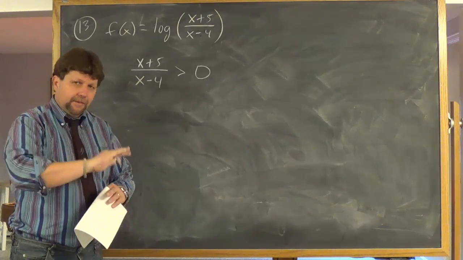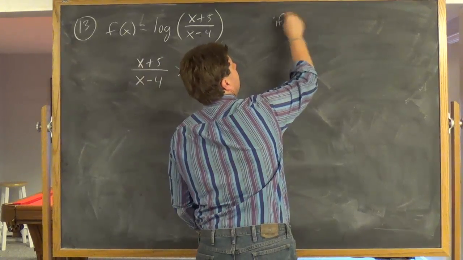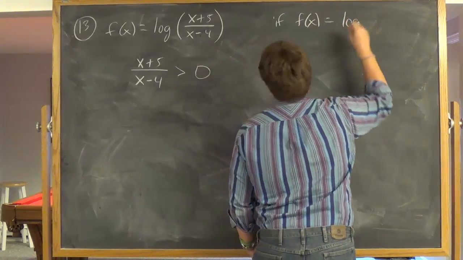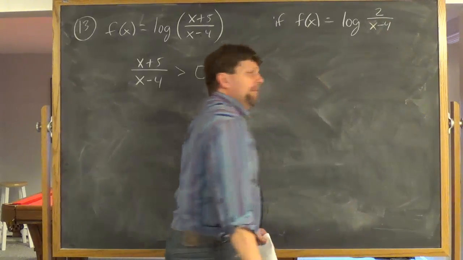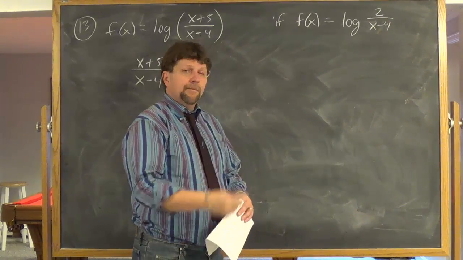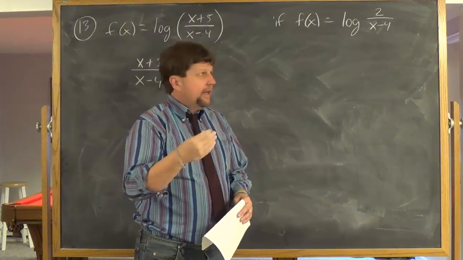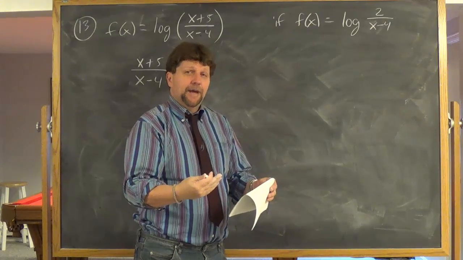So if, again, this is an if, I had seen the function log of 2 over x minus 4, and I'm asked for the domain, I know 4 is not in the domain. And then I also know I can't have any negatives in the domain.